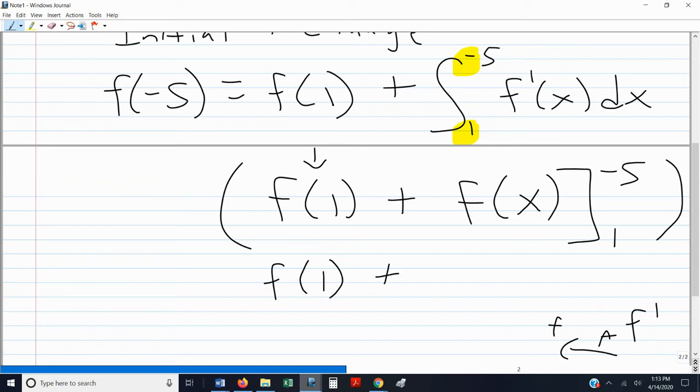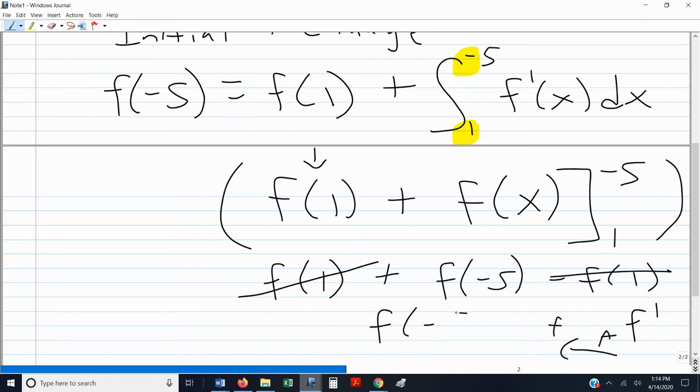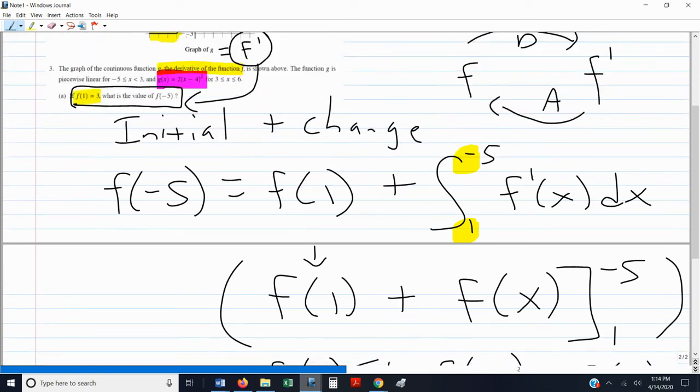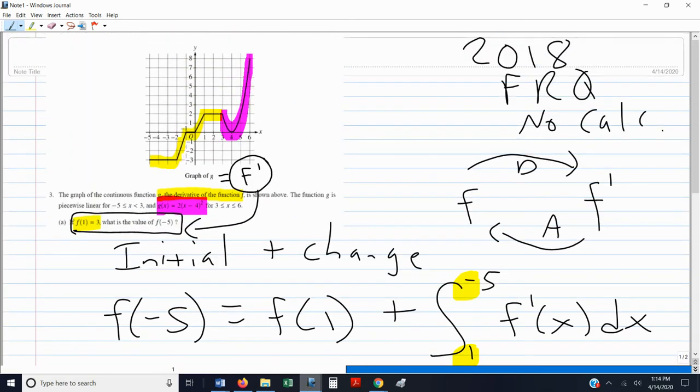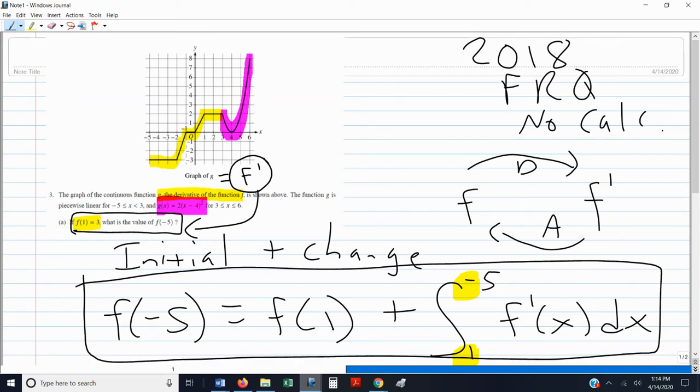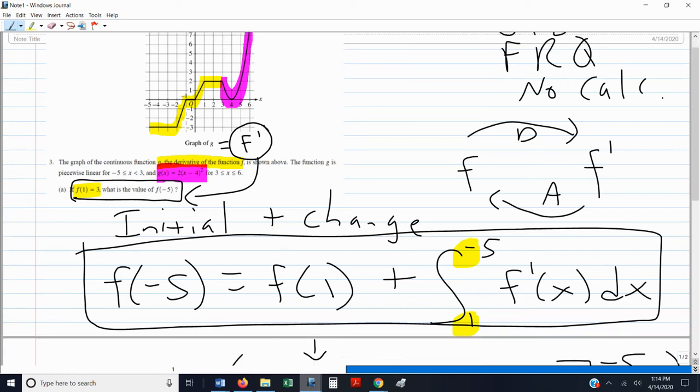Bringing down that f of 1, when you plug in the top number and you plug in the bottom number and subtract, looks like this. And then the f of 1s cancel out, and it leaves you with f of -5. So none of that is work that you have to write down, but that is us showing why the expression on the right side makes sense.